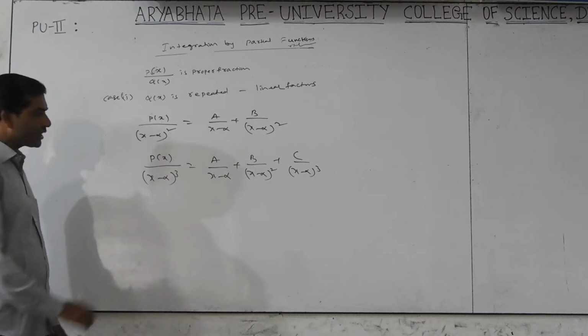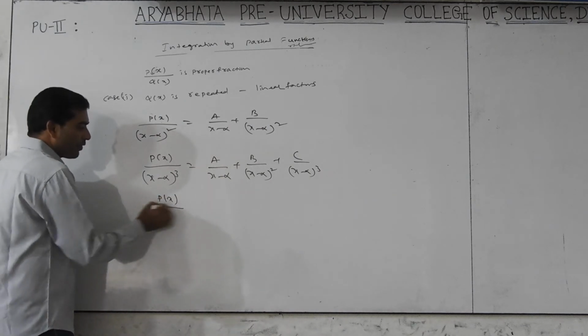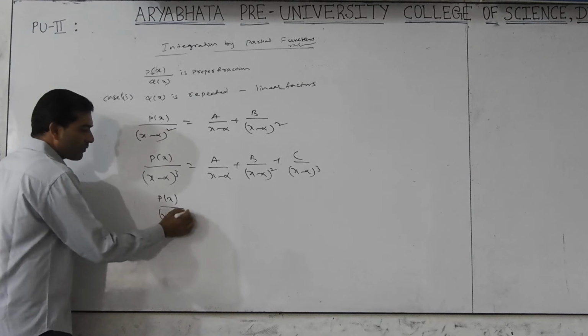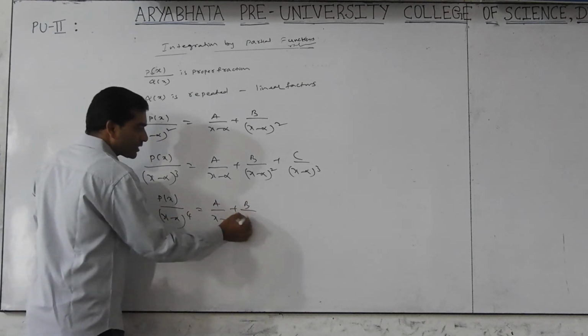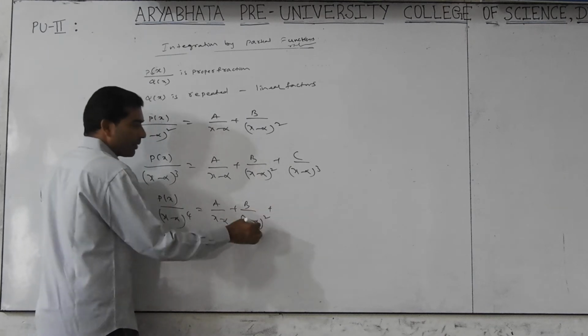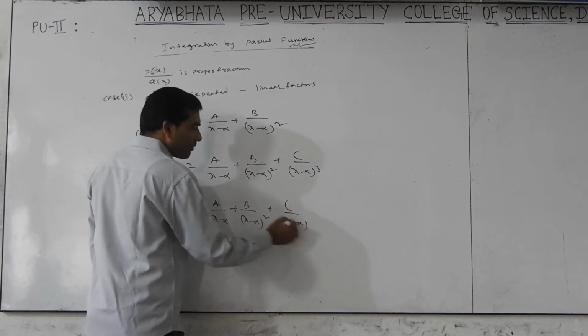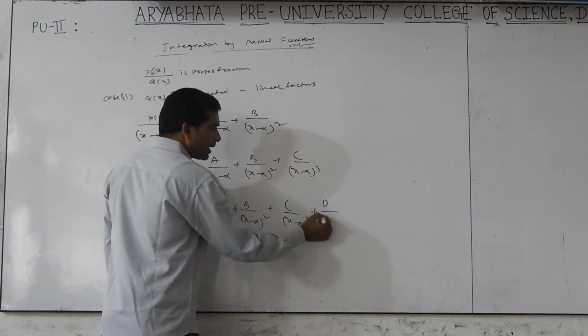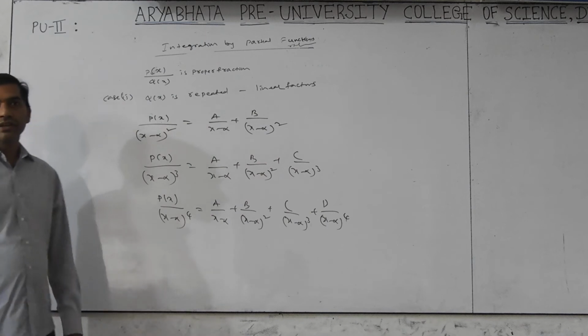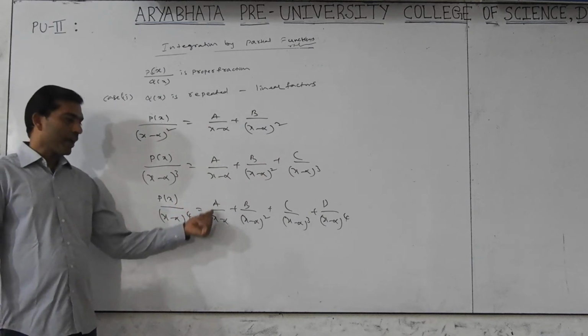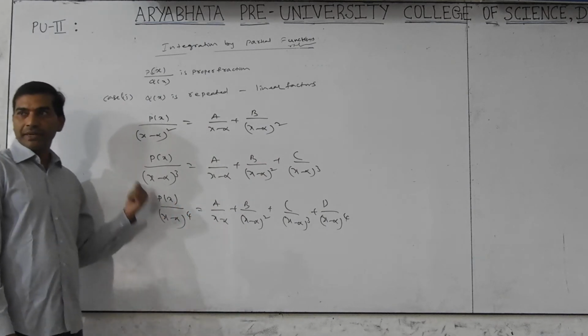If it is power 4, (x minus alpha) whole power 4, then a by x minus alpha plus b by (x minus alpha) whole square plus c by (x minus alpha) whole cube plus d by (x minus alpha) whole power 4. This is the way to split the fractions if it is a repeated linear factor.